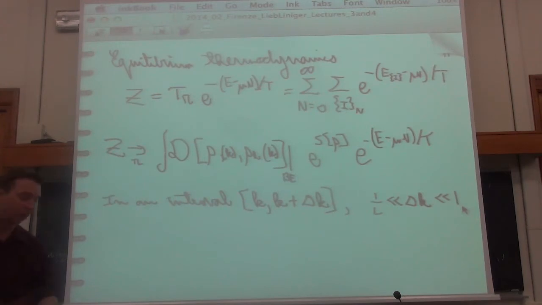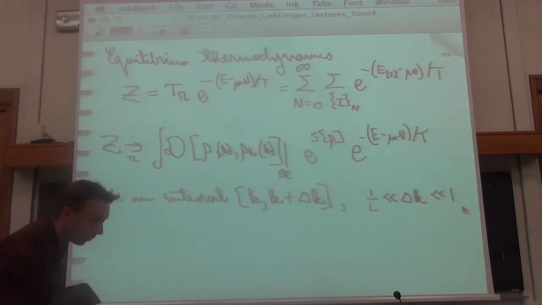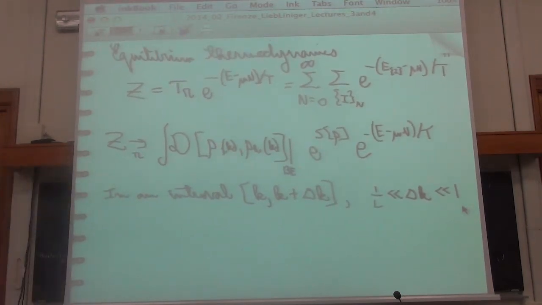So in such an interval of width delta k, there will be L rho of k delta k particles.